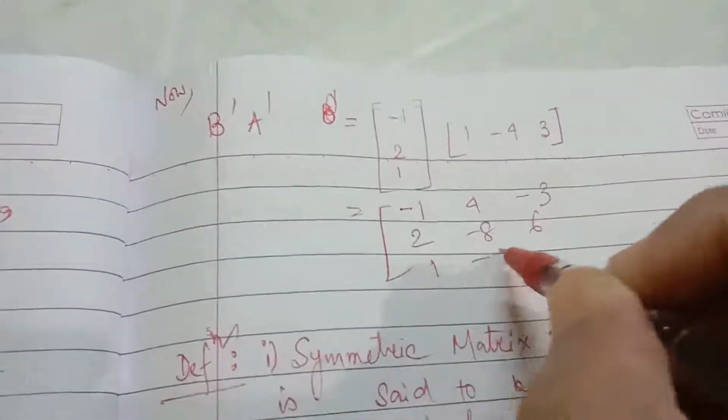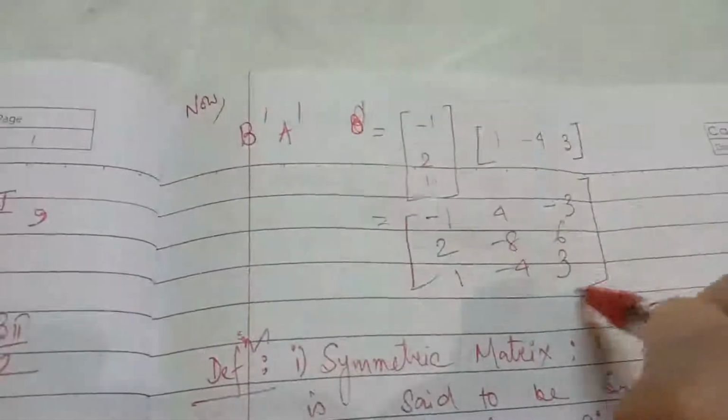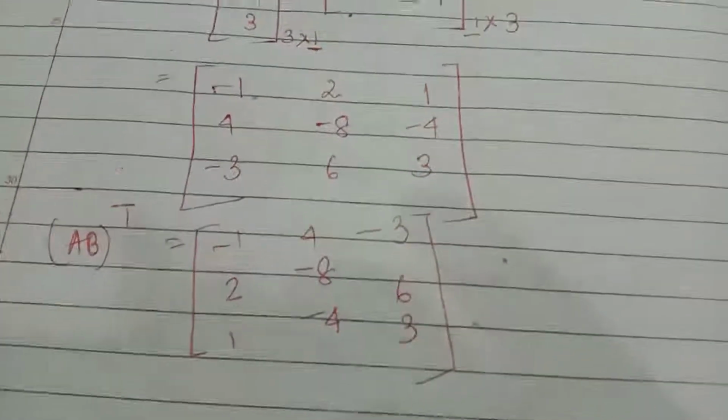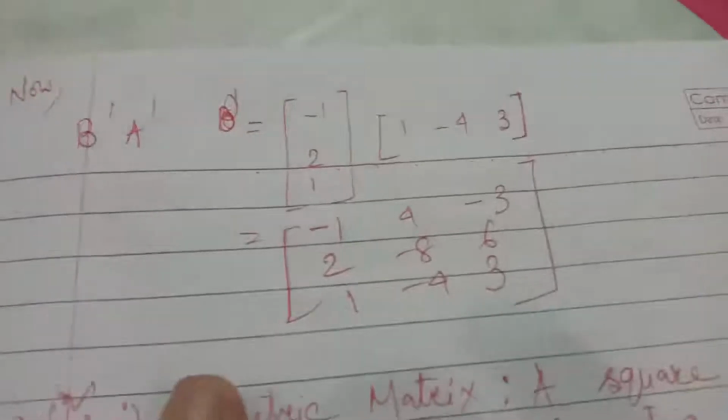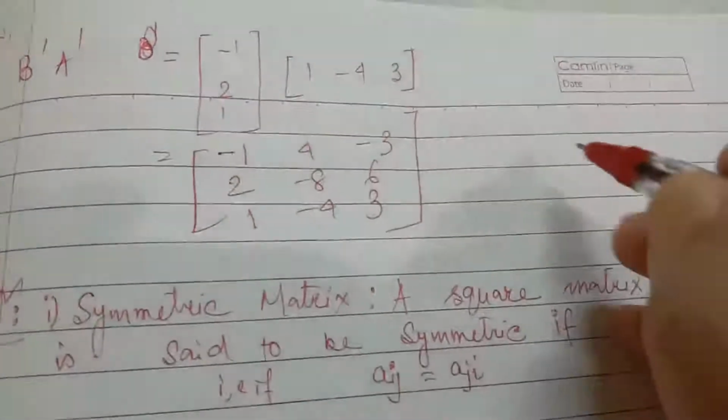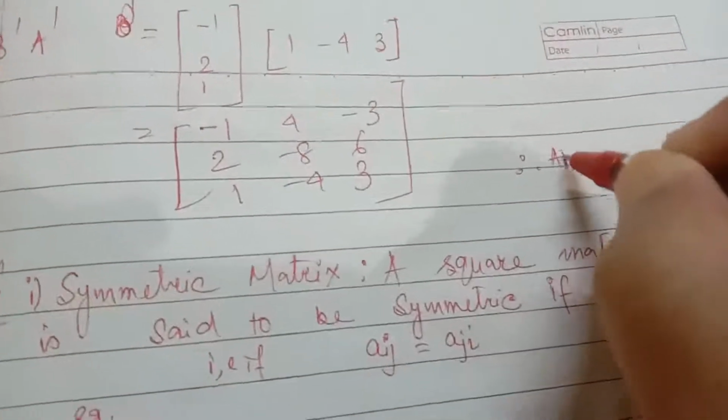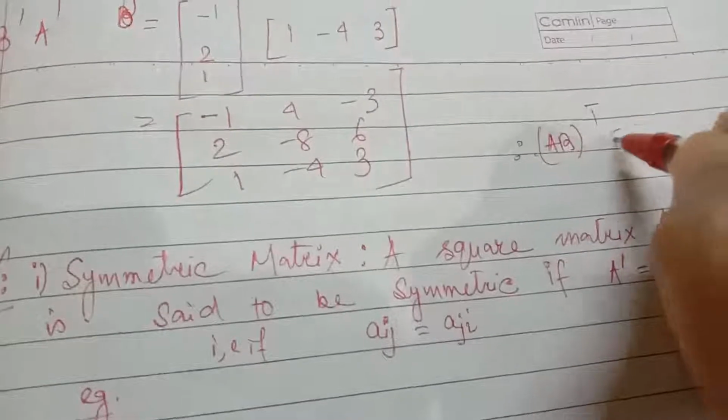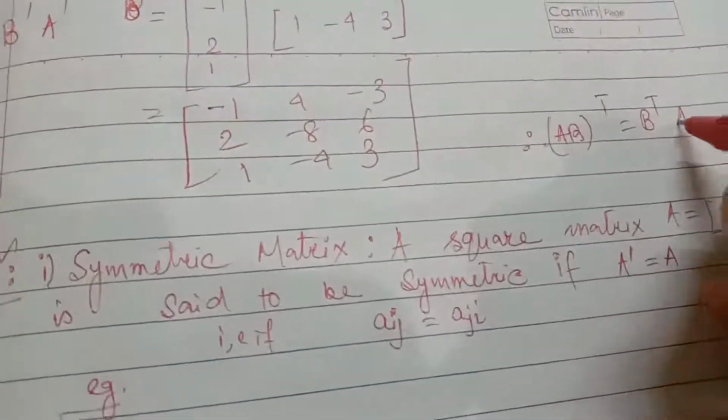Third row will be 1, minus 4, 3. And you can see this is AB transpose and this is B transpose into A transpose, and these two matrices are equal. Hence we have verified. Therefore (AB) whole transpose equal to B transpose into A transpose.